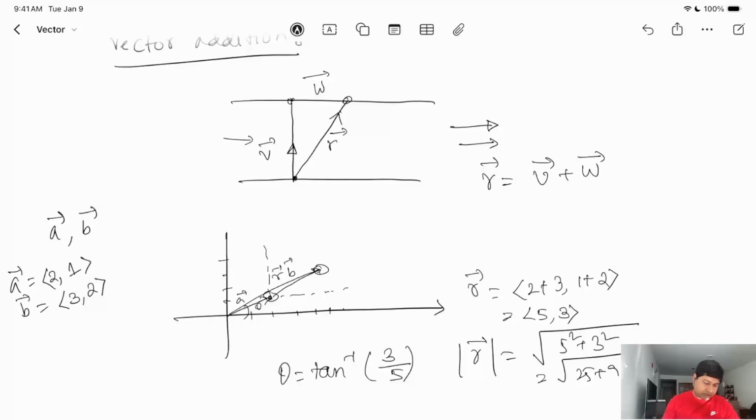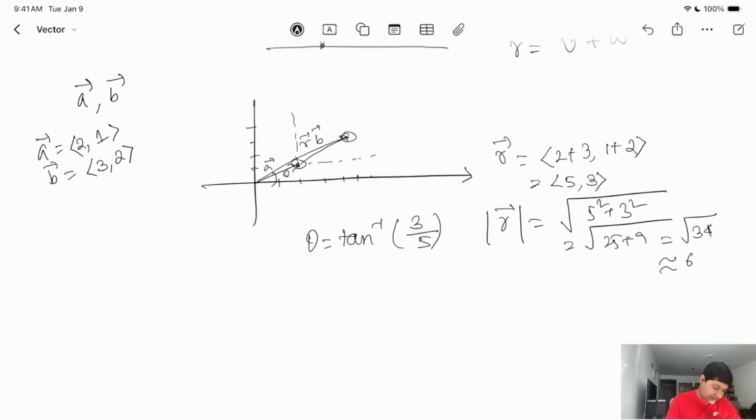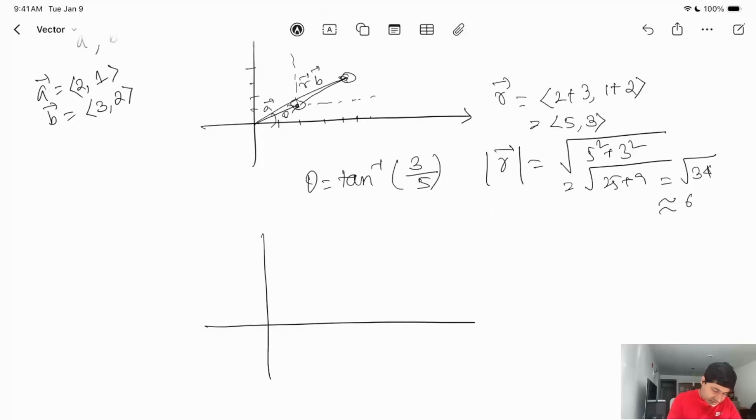Now it could be possible that multiple vectors are applied on top of that one. Let's say you have vector A, vector B, and vector C applied.